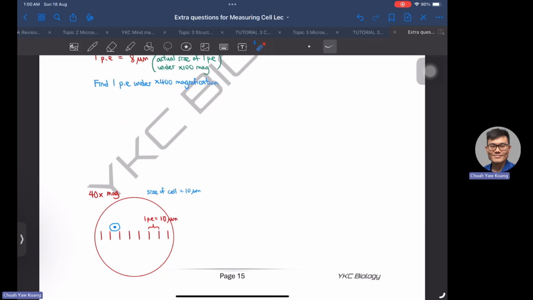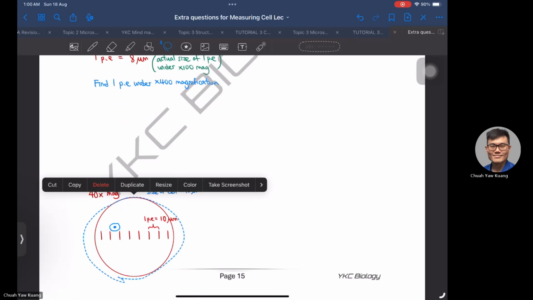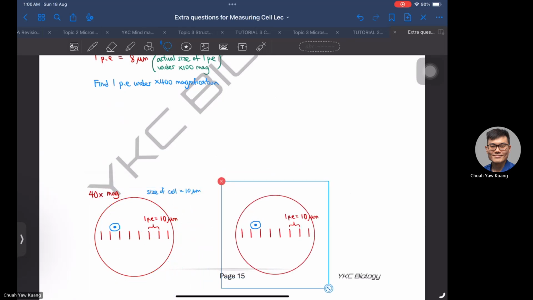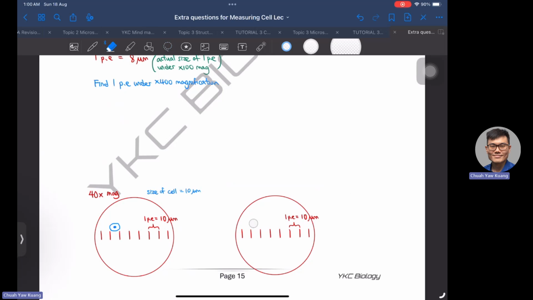But when we magnify further, I will copy this whole thing. So now let's say we have magnified further, to 400 times magnification.